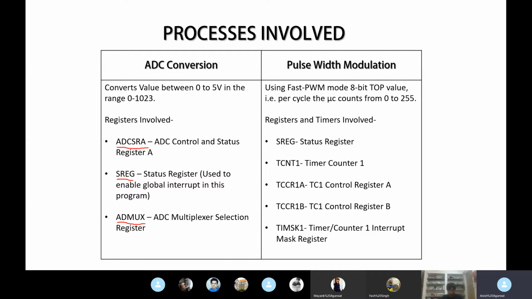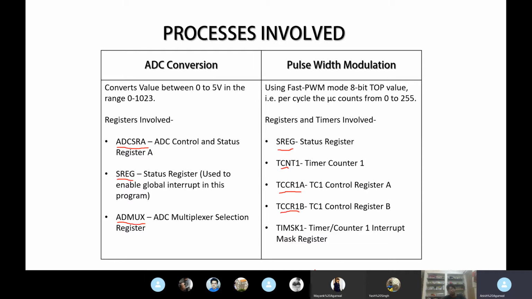For ADC conversion, we have used these 3 registers: ADCSRA, SREG, ADMUX. I'll be explaining them briefly while I explain the code. And for pulse width modulation, we have used these 5 registers: SREG, TCNT1 timer counter, TCCR1A, TCCR1B, and TIMSK1 timer counter 1 interrupt mask register.